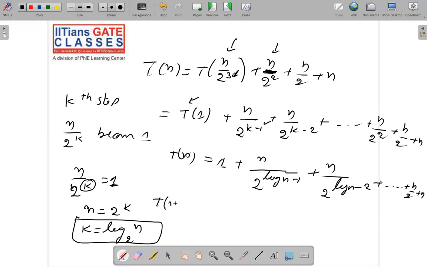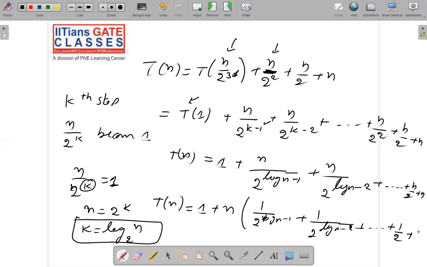So let's take n common here. n is common, and we will remain with this one: log n minus 1, log n minus 2, down to 1 upon 2 plus 1 upon 2 raised to power 0. We can write 1 as 1 upon 2 raised to power 0 also, right?